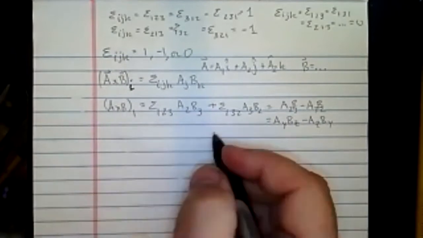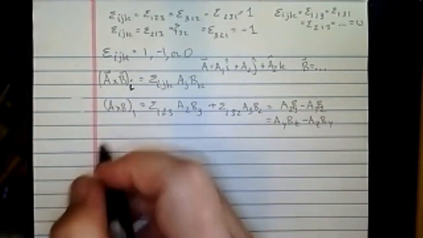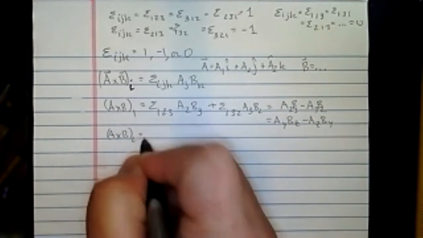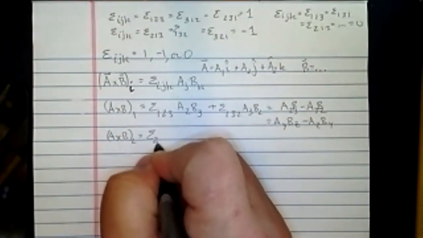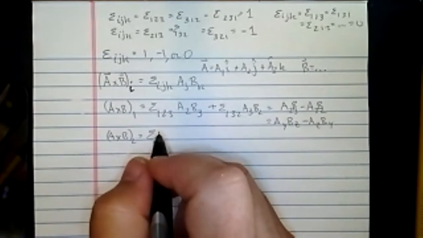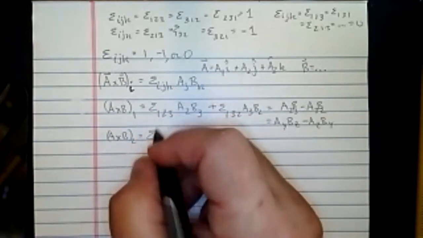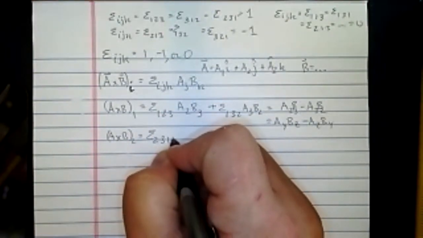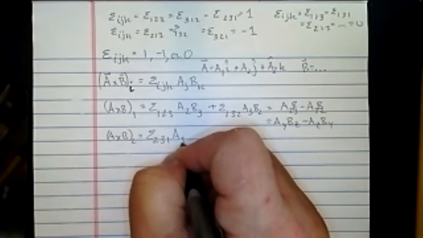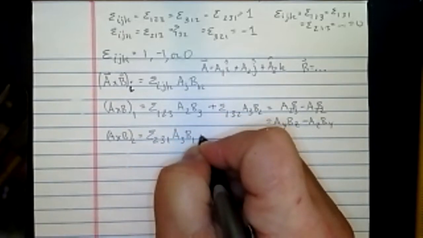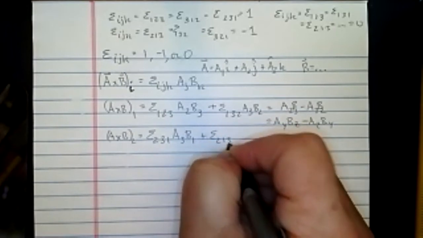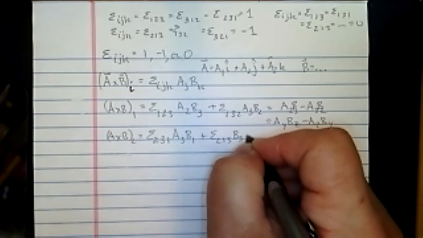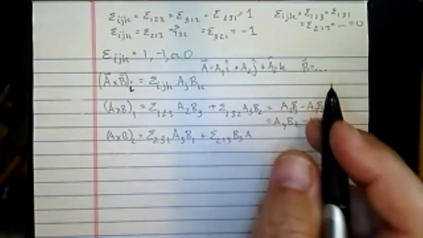Let me show you another, this time hopefully not making the mistake of leaving out the B. Let's say A cross B, 2. That's again going to be epsilon 2, but when we get epsilon 2, I'm only able to finish that with a 3, 1, and that would be A3, B1, plus epsilon 2, 1, 3. That one's going to be the negative 1, so I get B3, A1 in that case.